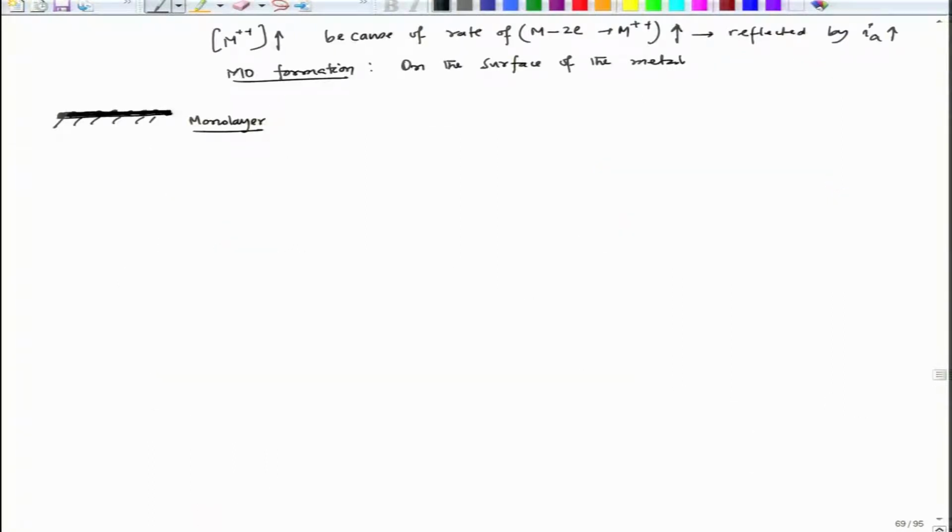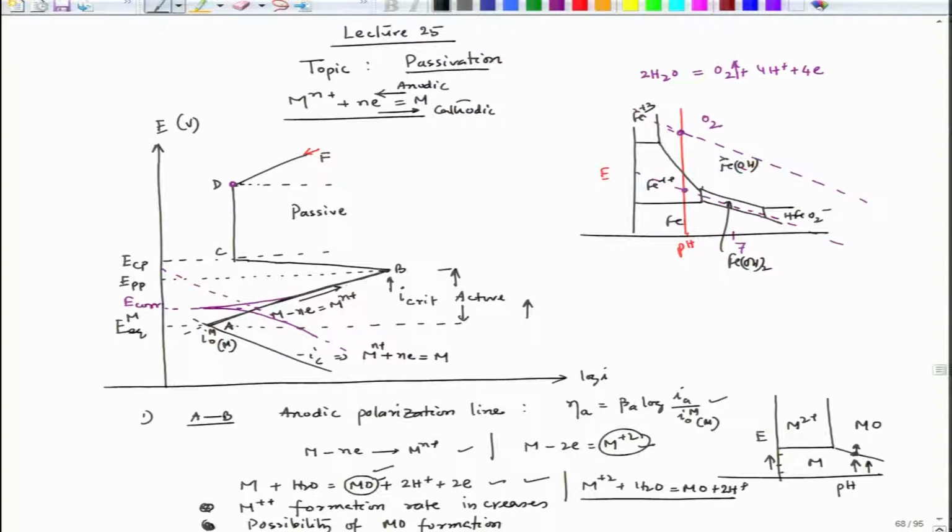So, when it starts building up at fairly large potential around this region, I can have a kind of coverage of the surface of that metal by the metal oxide.